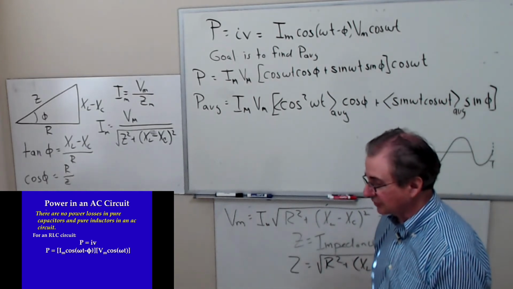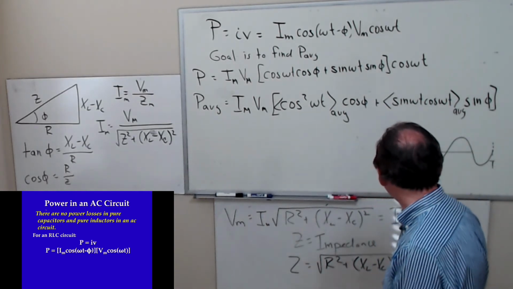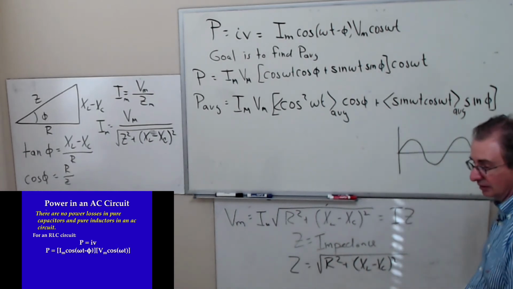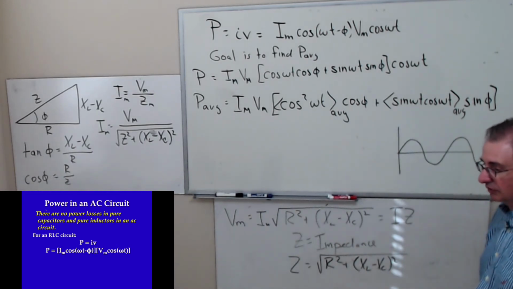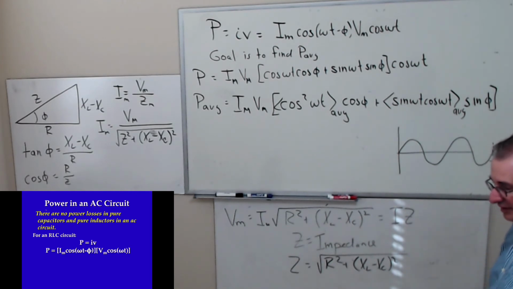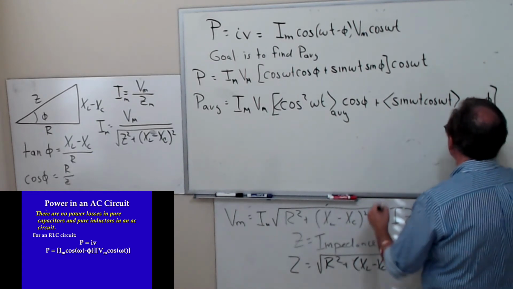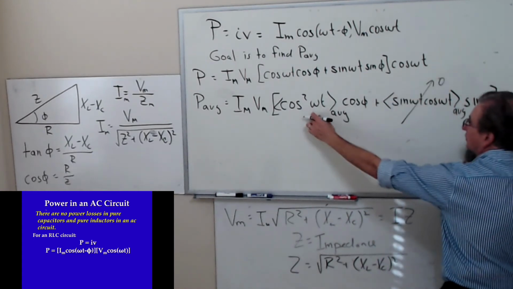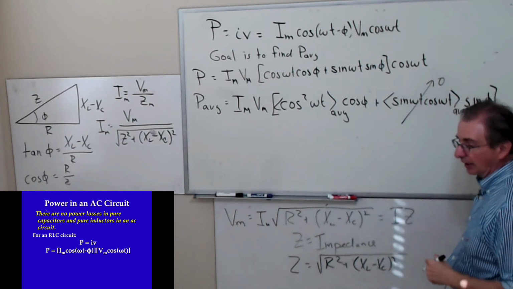Yeah, the average of that is 0. The function's odd. The integral of an odd function over a symmetric interval is always 0. Okay? So this integral is 0. And this one ended up being a half. We did this the other day.